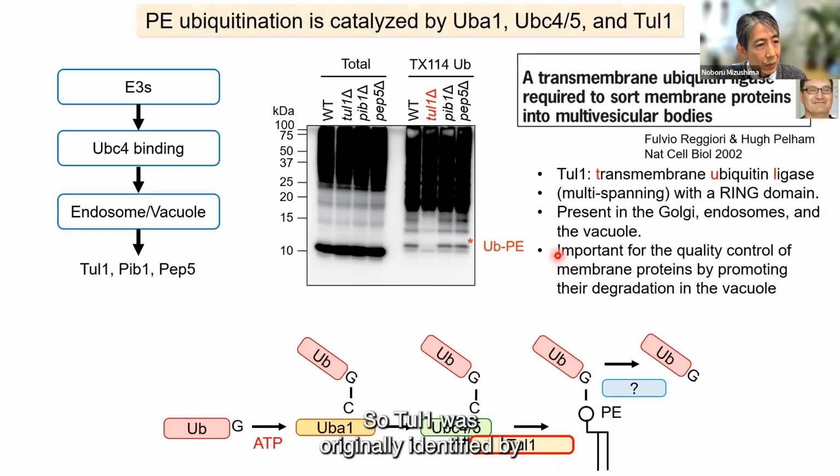So TAL1 was originally identified by Fulvio Reggiori, before he came to the autophagy field, and TAL1 is a multi-spanning transmembrane ubiquitin ligase with a RING domain. So TAL1 is present in the Golgi, endosomes and the vacuole, and already known to be important for the quality control of membrane proteins by promoting their degradation in the vacuole.